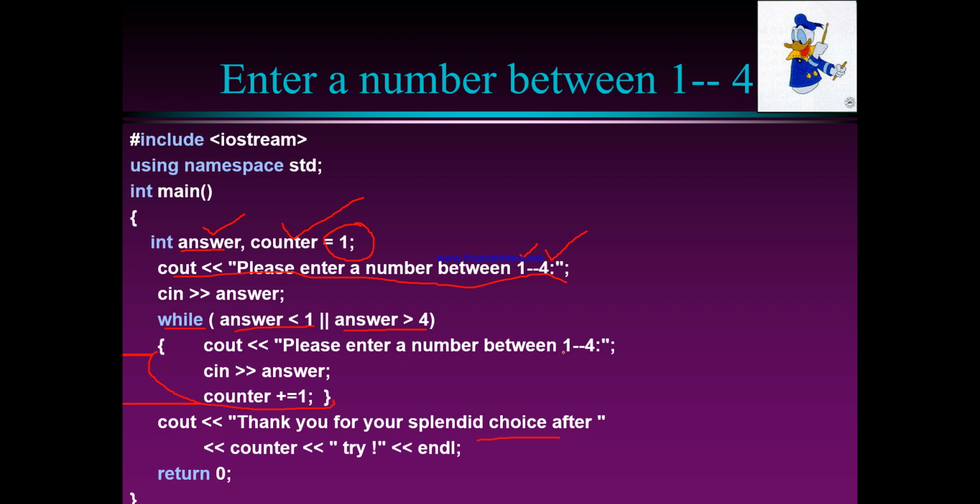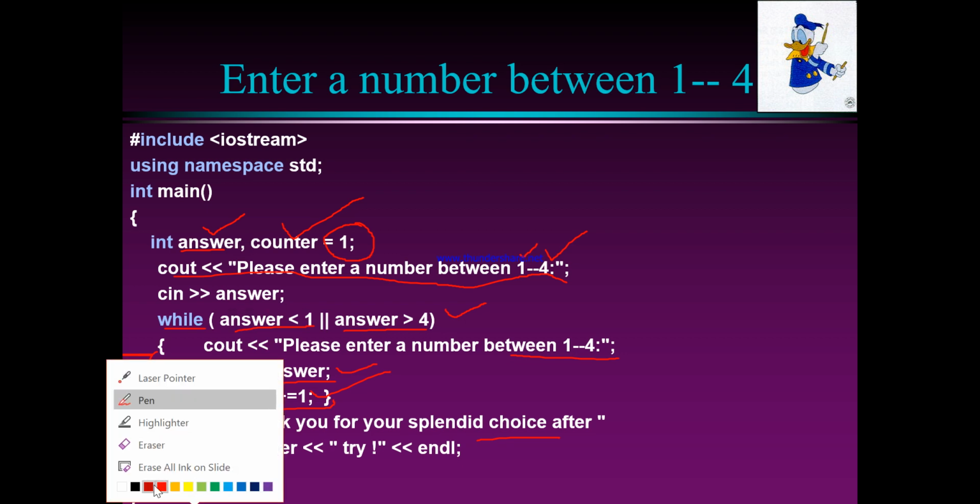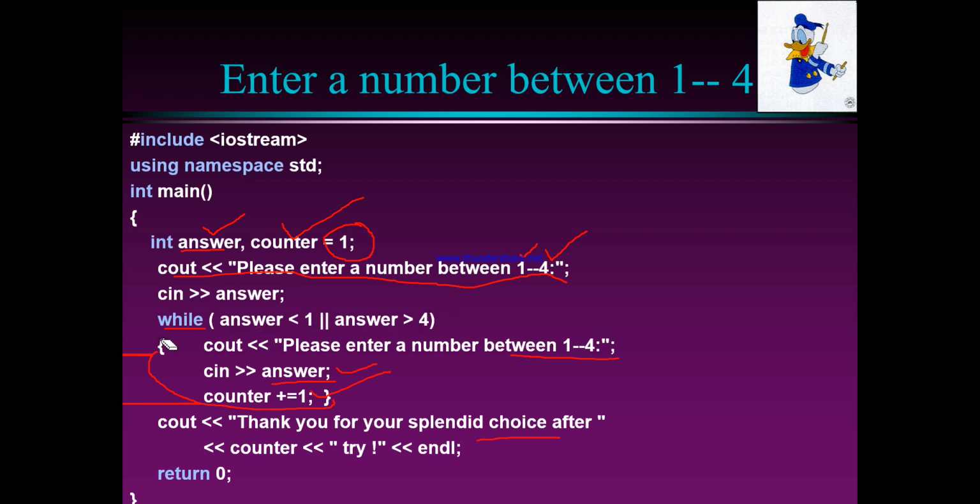Please enter a number again. If he mistakenly gave wrong input, we will ask the user again to please enter a number between 1 and 4, and that will be saved in the answer, and we will count this try as counter plus equal to 1, because this will be the second try, so the counter will be set to 2, and execution will come again to the conditional statement in the while loop.